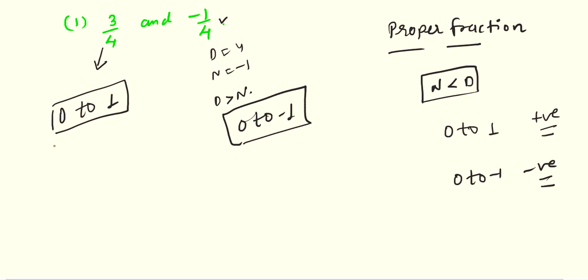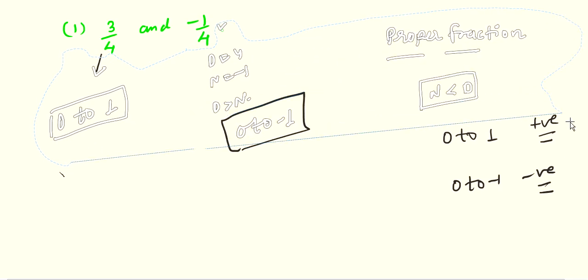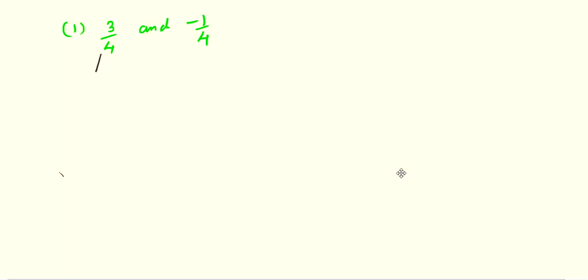Okay. Now 3 by 4 and minus 1 by 4 are what we have to plot. So if you are using the proper and improper fractions property, then you are not supposed to divide.